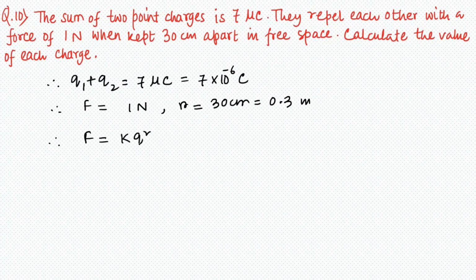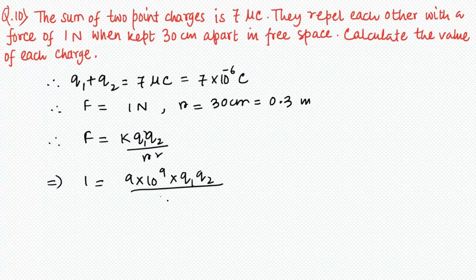So first we are going to use the formula of Coulomb's law, that is F is equal to K Q1 Q2 divided by R square. So F is 1 Newton, K is 9 into 10 to the power 9, Q1 Q2 is not known, and R square is 0.3 square.